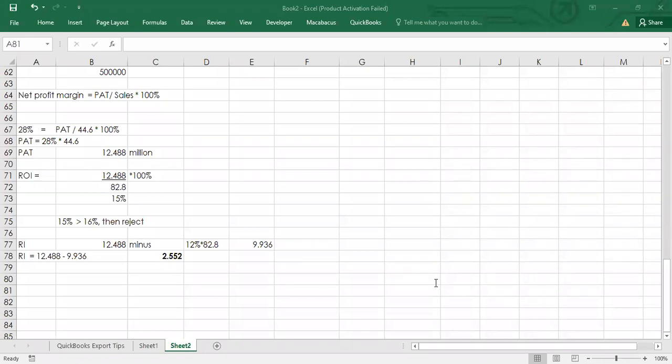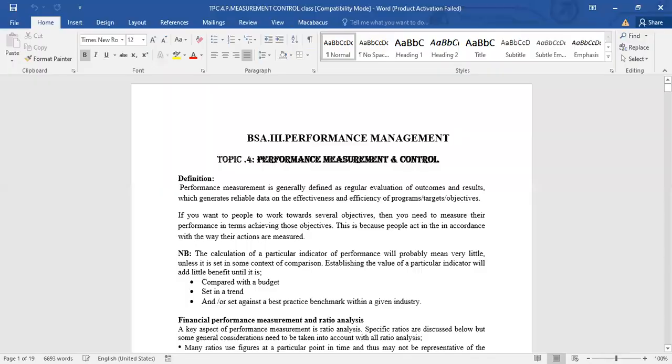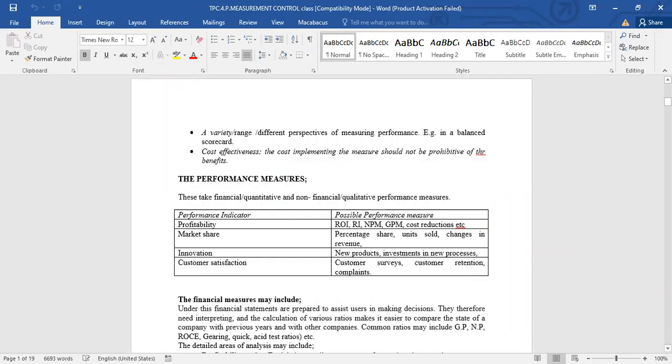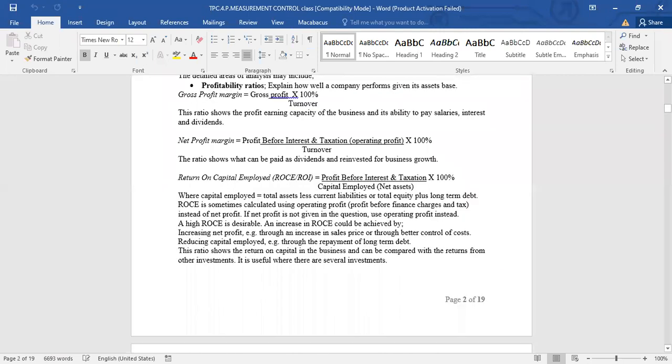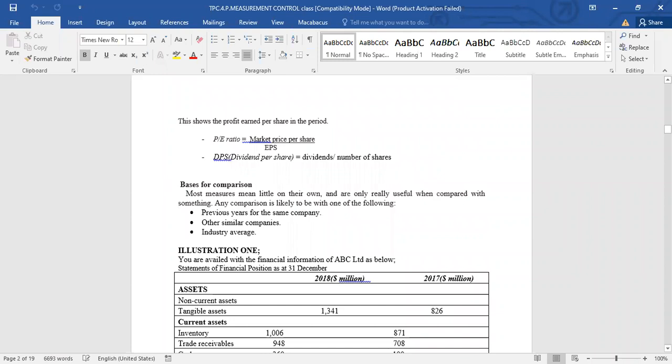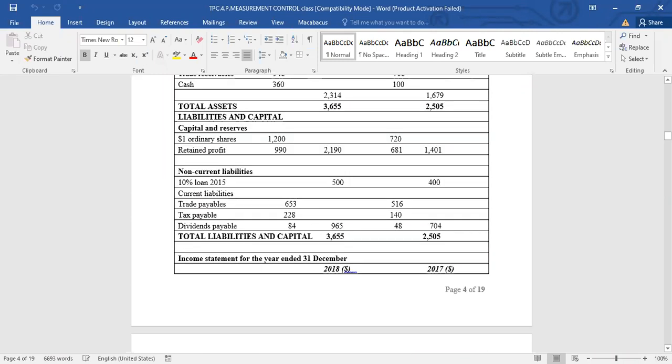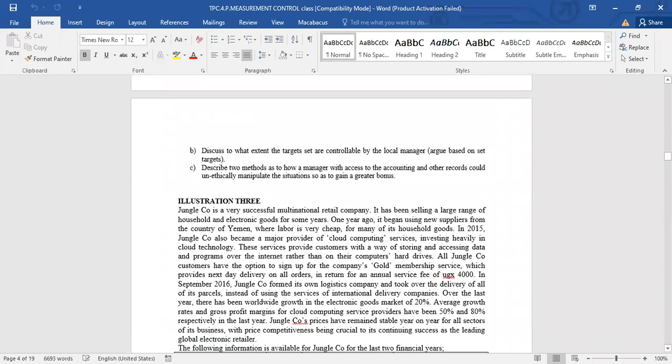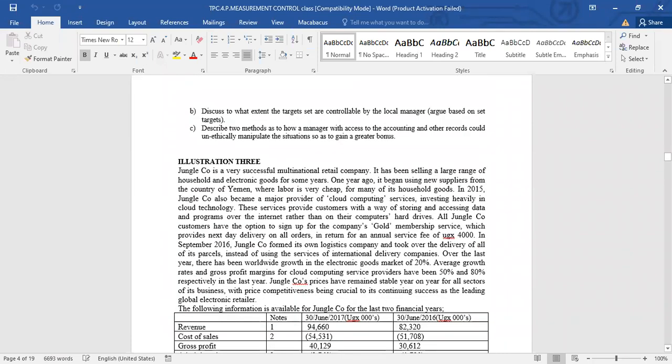I know that you guys have looked at transfer. So I hope you can see the screen. That's performance control and so on. This is where we find return on investment and all these ratios, which you should know from financial statement analysis. So I want to just peruse through.